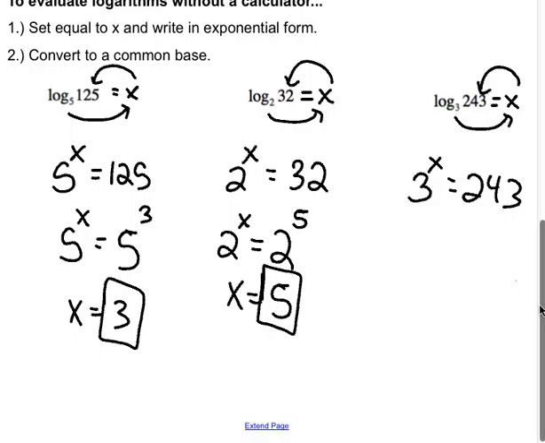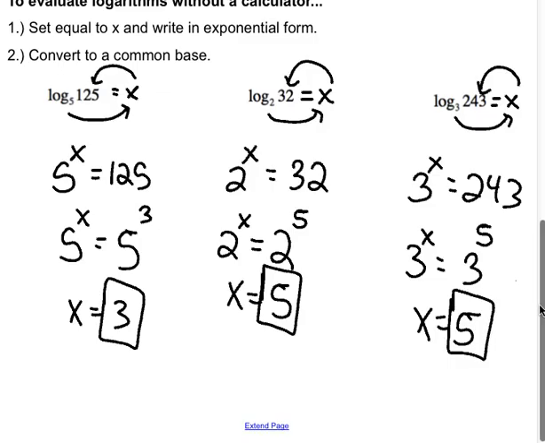Well, again, maybe you don't know off the top of your head, but you know you need to rewrite this as a power of 3. 3 to the third is 27. 3 to the fourth is 81. 3 to the fifth, that's where you get 243. So what does that mean? Well, that means that logarithm equals 5. That's the power of 3 that gives you 243.